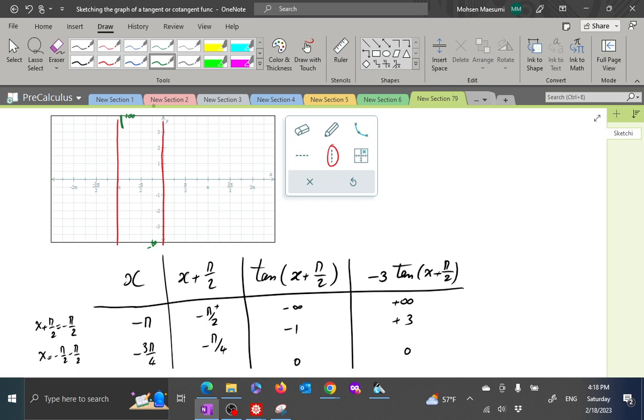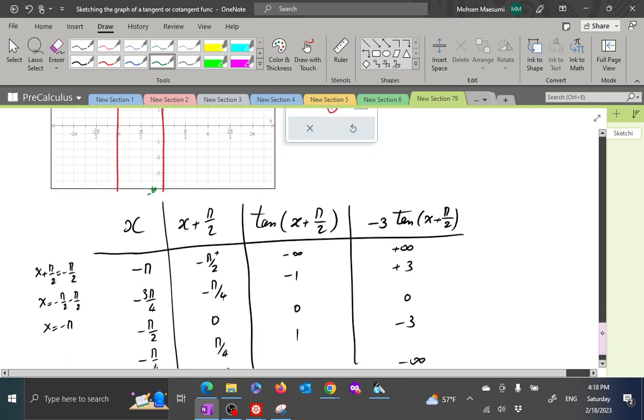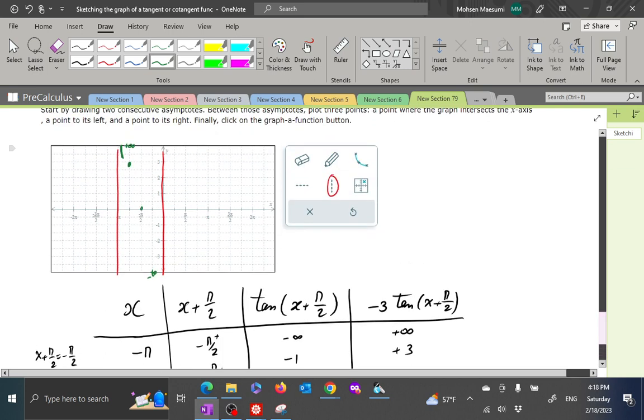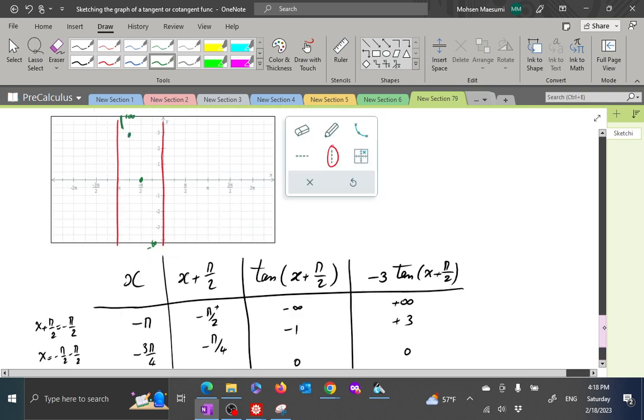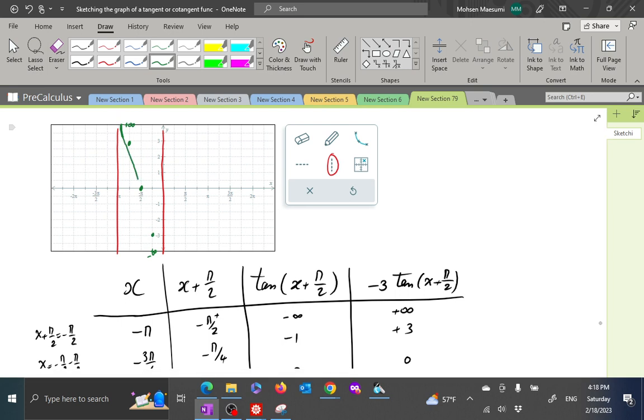Minus 3 pi over 4, we are at plus 3. Then minus pi over 2, that's the crossover point. Then minus pi over 4, we are at minus 3. So this is stretched again.